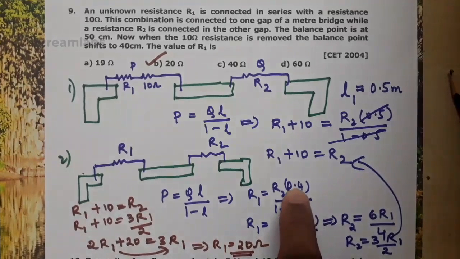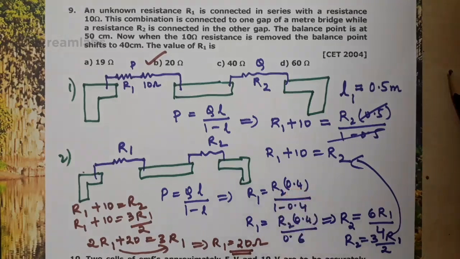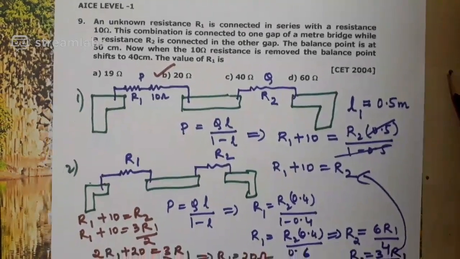So here the balancing length is 40 centimeters, that is 0.4 meter. AIC level 1, 9th problem, I said.